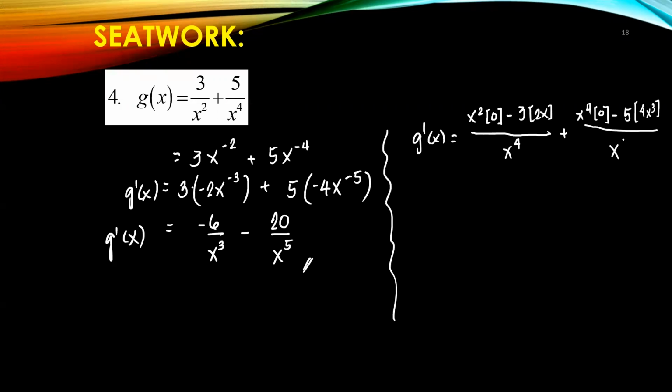So low squared is x^8. So that means, negative 6x over x^4 minus 20x^3 over x^8. So negative 6 over x^3 minus 20 over x^5.